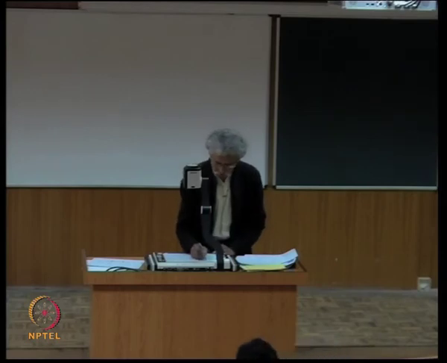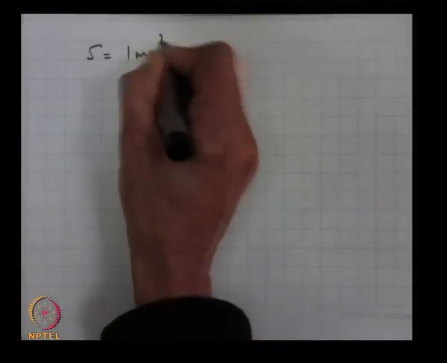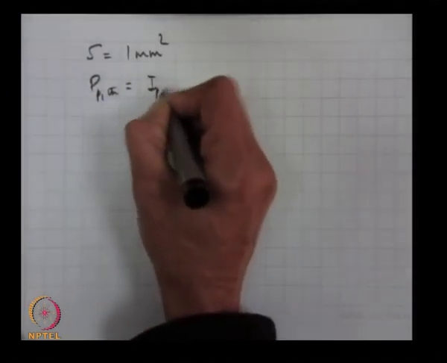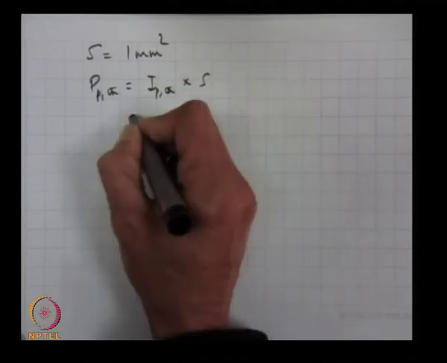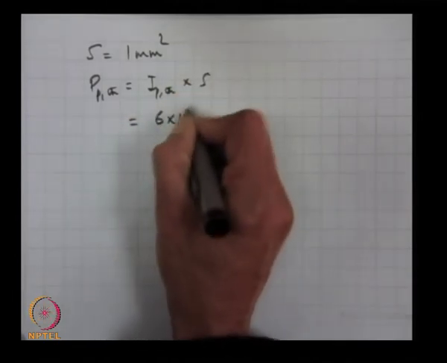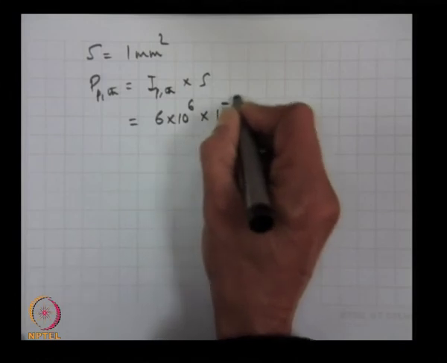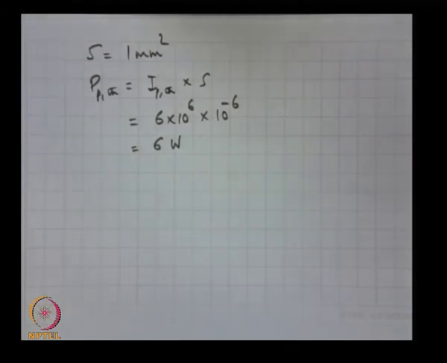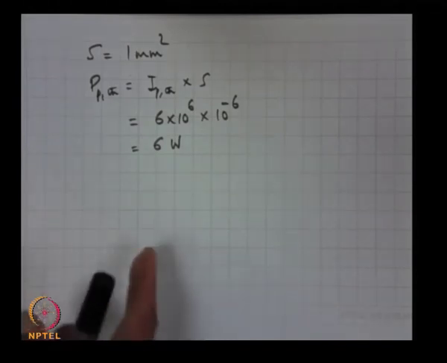So the pump power threshold is I_P threshold into S, which is 6 10 to the power 6 into 10 to the minus 6 watts. Maybe 6 to 10 watts of power is required for the oscillator to start. So that's a lot of power.